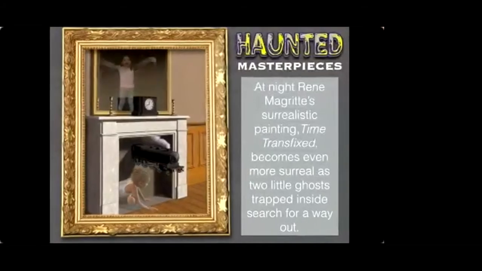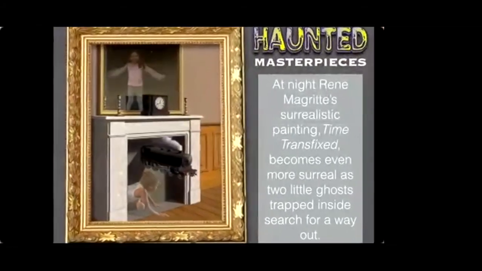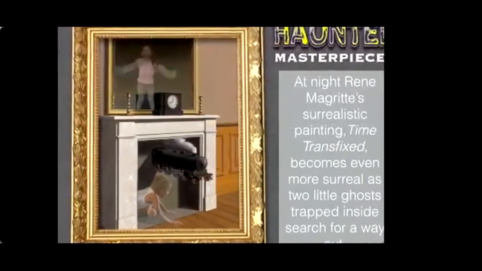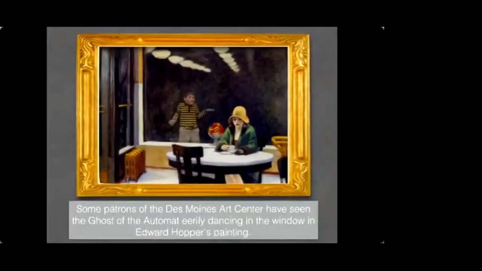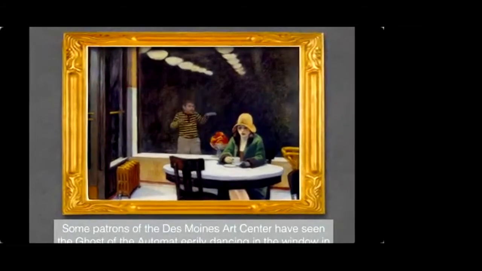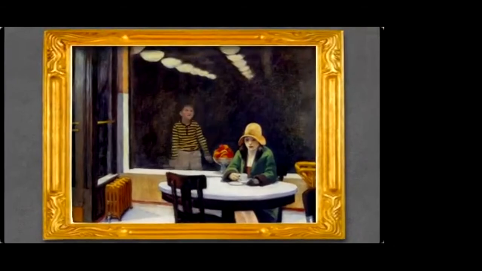At night, Rene Magritte's surrealistic painting Time Transfixed becomes even more surreal as two little ghosts trapped inside search for a way out. Some patrons of the Des Moines Art Center have seen the ghost of the automat eerily dancing in the window in Edward Hopper's painting.